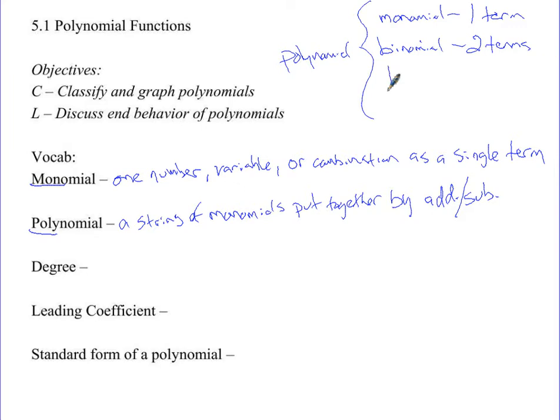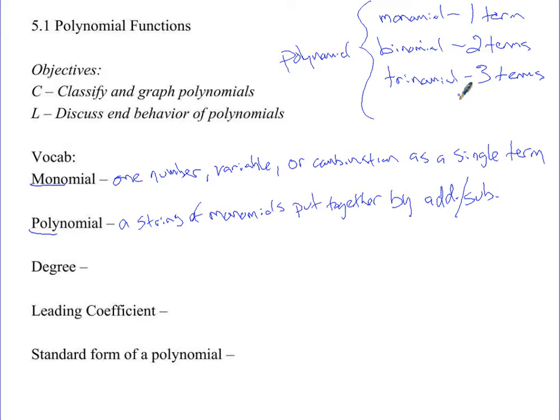We have another one, trinomial. How many terms there? 3. The prefix tri means 3, like a triangle. 3 terms. Anything beyond that, 4 terms, 5 terms, 6 terms, we just say that it's a 4-term polynomial or a 5-term polynomial. These 3 are the only ones that have special names to them.